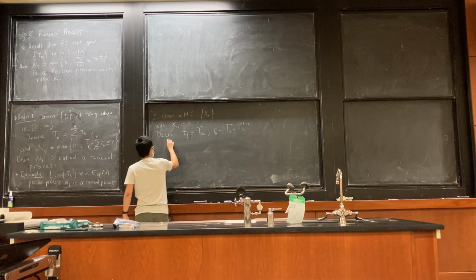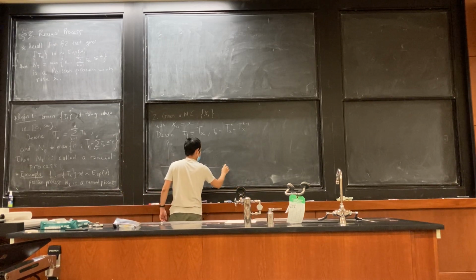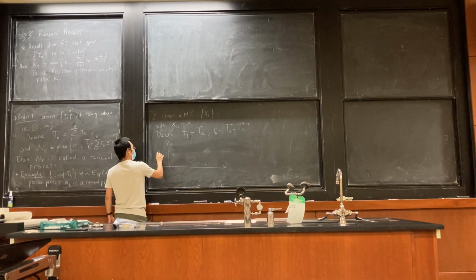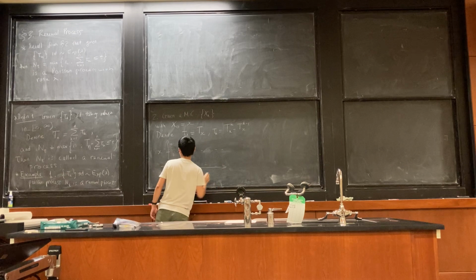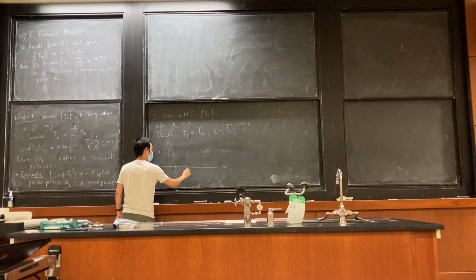This is the usual graph for a Markov chain. This is my little x here at time 0. So this is the first time I hit little x again.